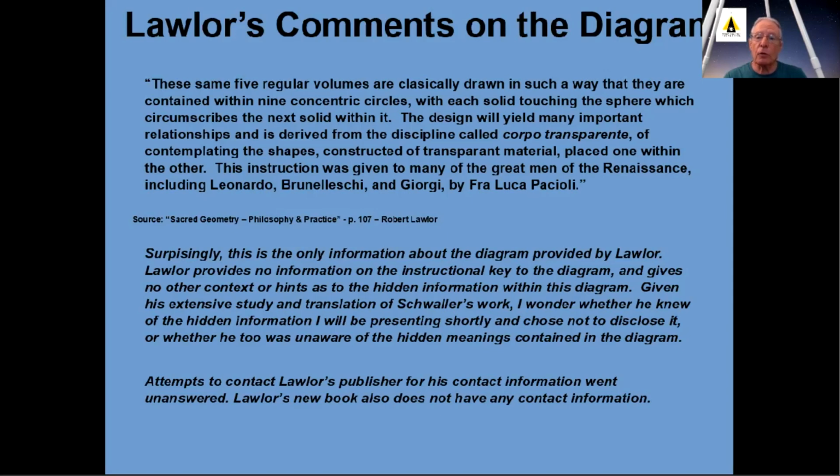The design will yield many important relationships and is derived from the discipline called corpo transparente of contemplating the shapes constructed of transparent material placed one within the other. And this instruction was given to many of the great men of the Renaissance, including Leonardo da Vinci, Brunelleschi, Giorgi, by Fra Luca Paciolo."